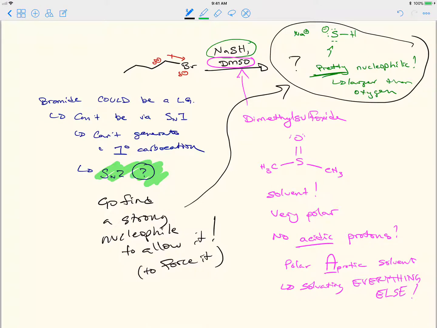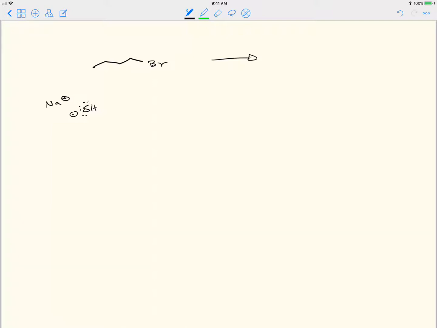Maybe I'll draw them down here. So DMF is dimethyl formamide. That looks like this. It's a very polar solvent, and if you notice there are no acidic protons, like a proton bound to an oxygen or a nitrogen or something like that, that could possibly be abstracted.